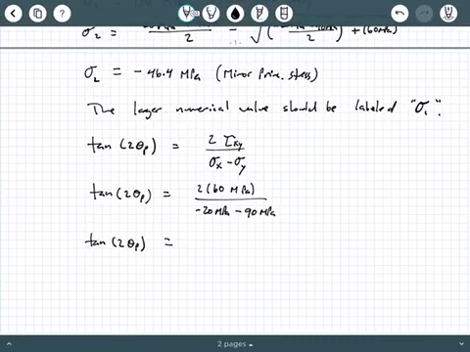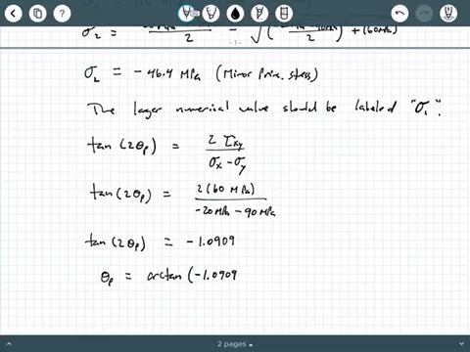So I get tangent of 2 theta p equals, and let's punch this through together. We get 2 times 60 is 120, and then 90 and 20 together is 110. So I get a 120 divided by a negative 110. So I get negative 1.0909, and so on and so on, okay?